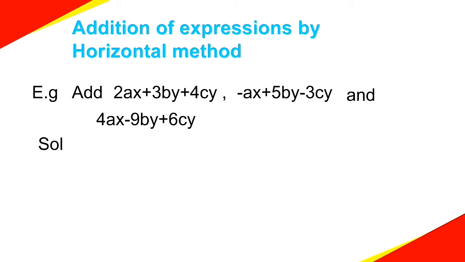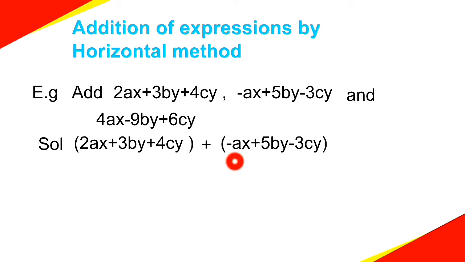Now we are going to solve. To avoid the confusion, first keep the brackets. Open bracket, 2ax plus 3by plus 4cy. Here we can say that 2ax is a term, 3by is also a term, and 4cy is also a term. These three terms are separated by a symbol, that is plus. Plus because he said to add.